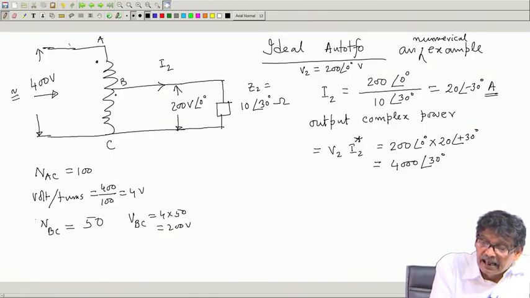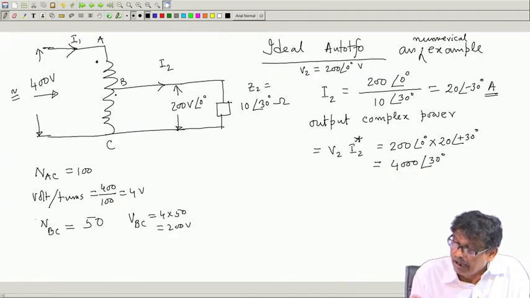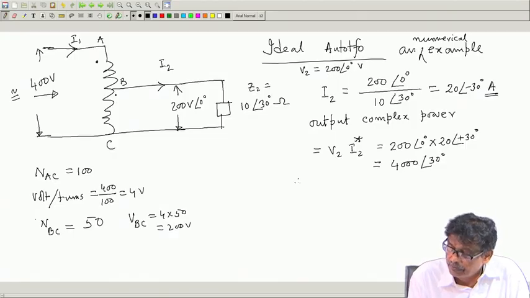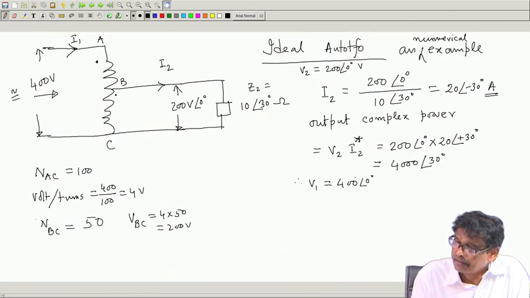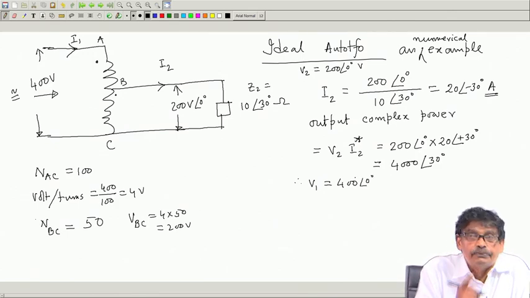Therefore, if I assume this current to be I 1, which is still now unknown, and mind you V 2 is this, therefore, V 1 is also known, 400 angle 0 degree, but I do not know I 1.